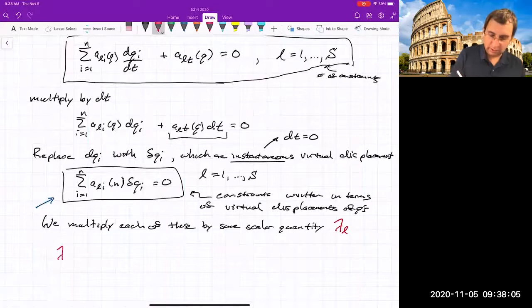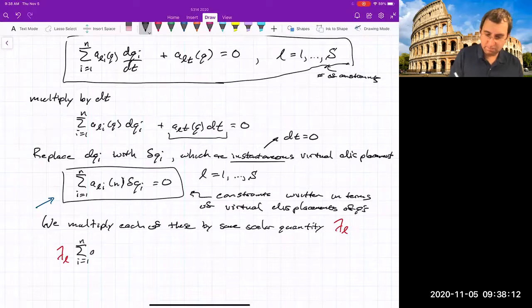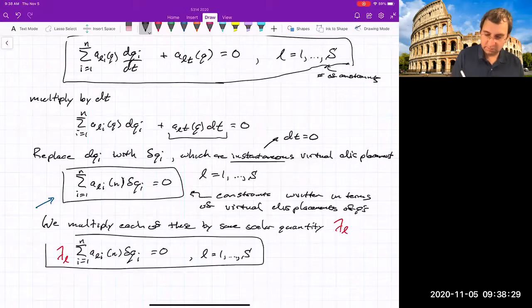So that means we've got lambda L multiplied by this sum. And there's an index L that goes from 1 to S. So we've got S of these equations.